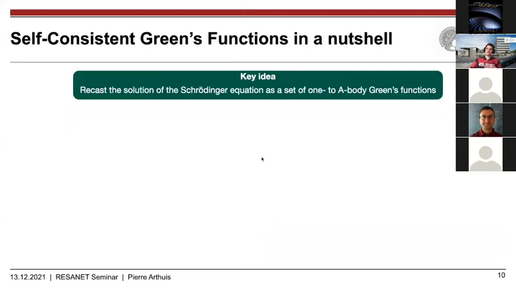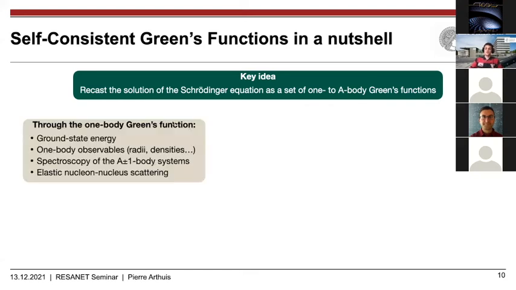So a very short crash course into self-consistent Green's function, just to give you an idea of what it is. The idea behind this method is to recast the solution of the Schrödinger equation as a set of 1 to A-body Green's functions. And of specific interest to us is the one-body Green's function, because just with that, you're able to access a whole bunch of things.